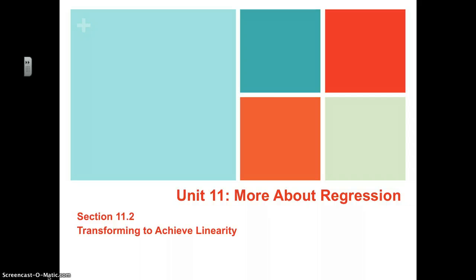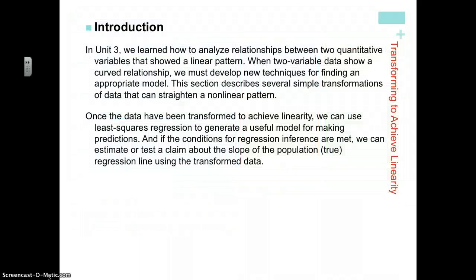other values. So in Unit 3, we learned how to analyze relationships between two quantitative variables that showed a linear pattern. When two variable data show a curved relationship, we must develop new techniques for finding an appropriate model. This section describes several simple transformations of data that can straighten a nonlinear pattern.